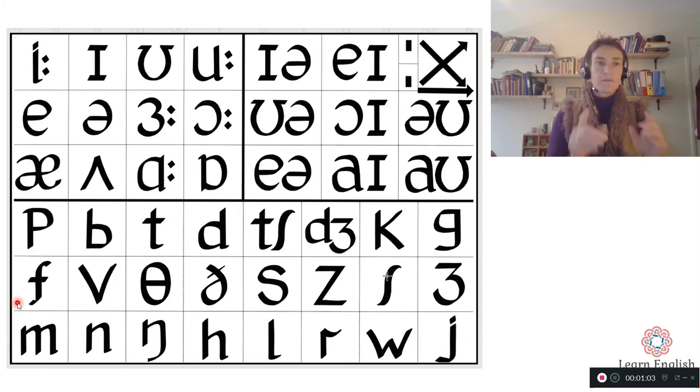So this is a particular version of the chart, and this one was invented by a guy called Adrian Underhill. I love this chart. I think this chart is amazing, and I'm going to show you why I think it's amazing. So up here in the corner, these are all the vowel sounds in English.